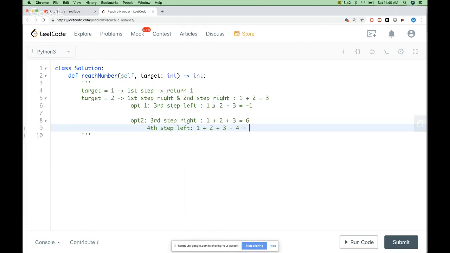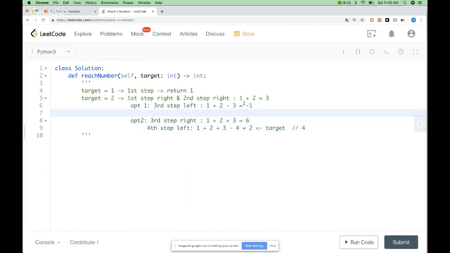And so that would be 2 exactly, which is we reach the target. So if we go this route, doing the first step right, the second step right, the third step right, and the fourth step left, then we'll reach the target in 4.